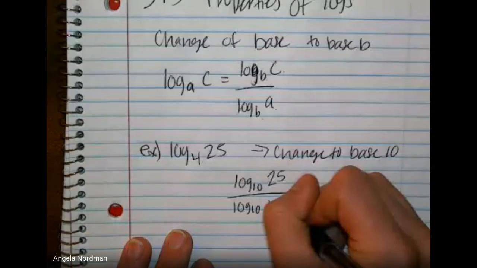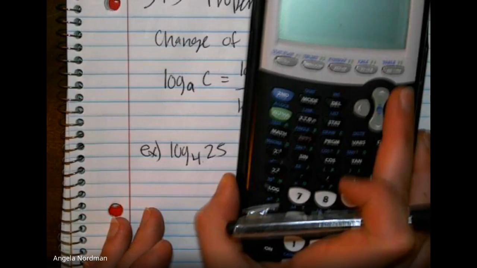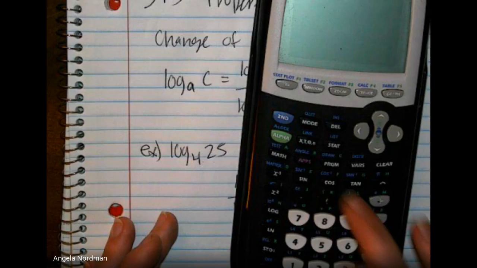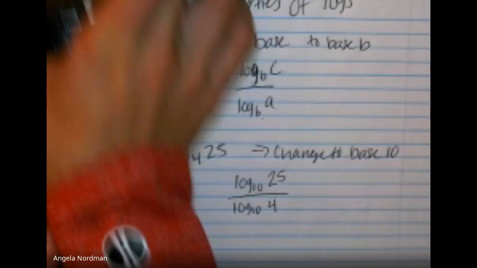Again, I would just be able to actually plug this into my calculator. So since log base 10 is our original log, we can go ahead and use this actual log button. So we're going to have log of 25 all divided by log base 10 of 4. This equals 2.32.